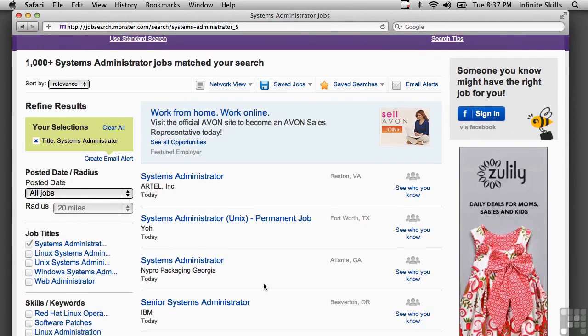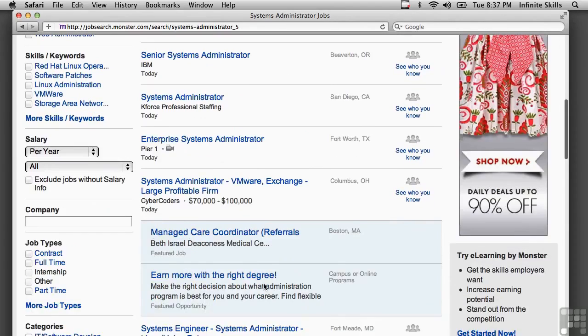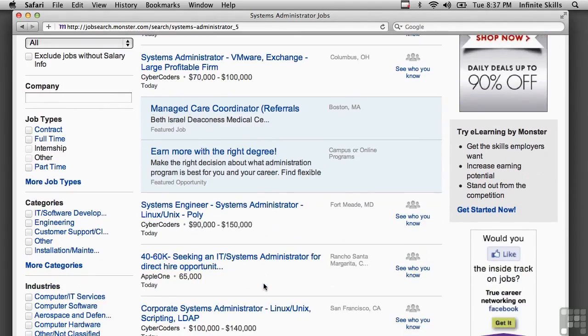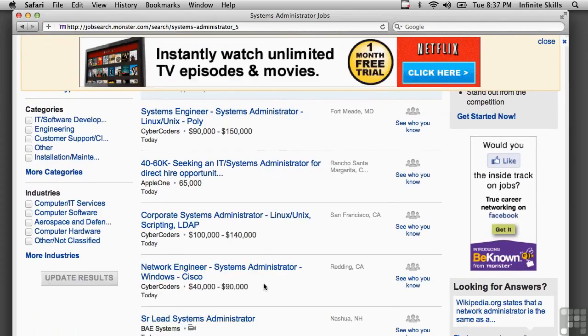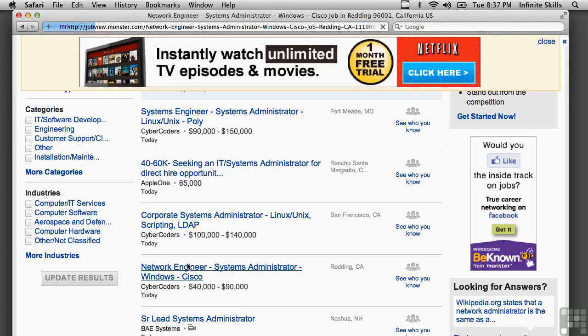And if I look down through the listings, I can see some information about the types of systems that different companies are working with. So here's an example here. I happen to know that Cybercoders is a headhunter, so it's unlikely we'll find the company name here, but we can pop this open.